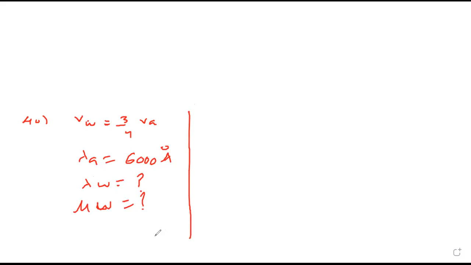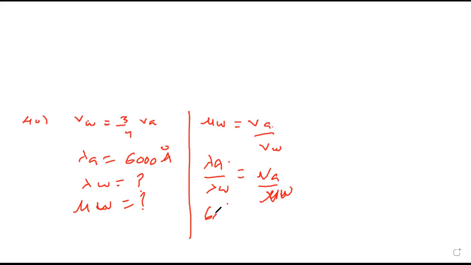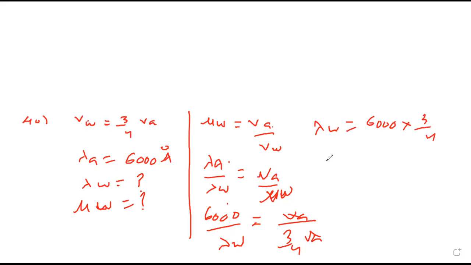Now, refractive index has two formulas: one is velocity, other is wavelength. In terms of wavelength, lambda air upon lambda water; in terms of velocity, V air upon V water. Lambda air is 6,000, and velocity in water is 3/4 that in air. V air cancels. So lambda in water is 6,000 into 3/4.